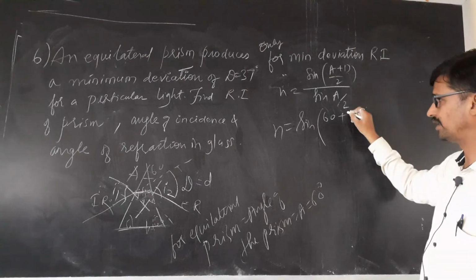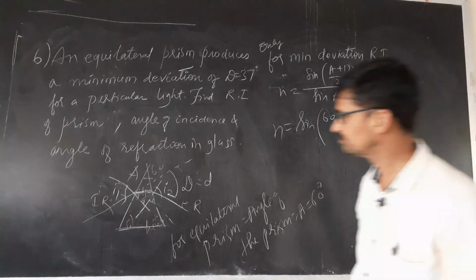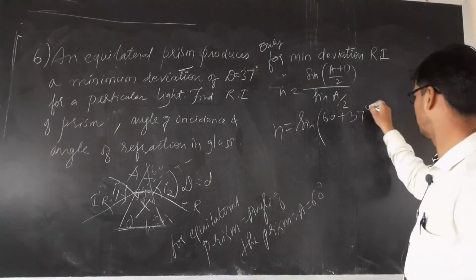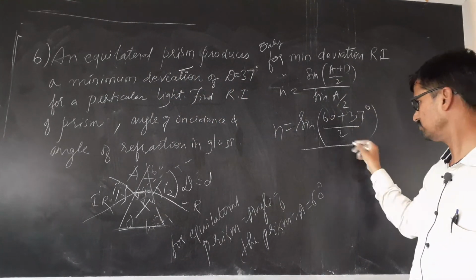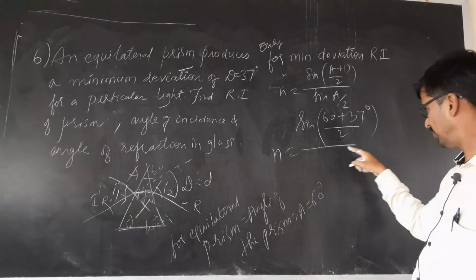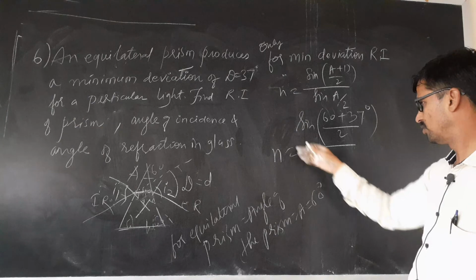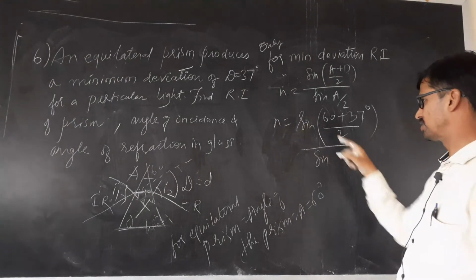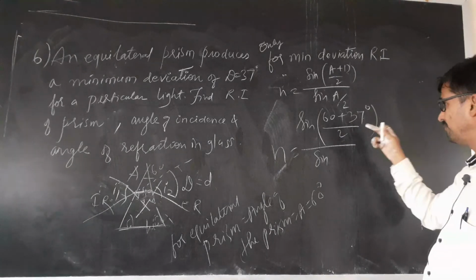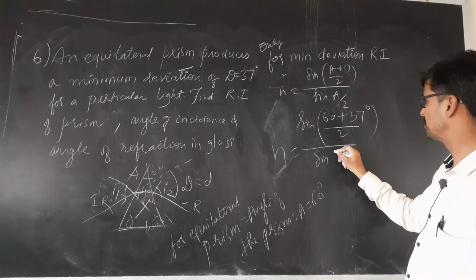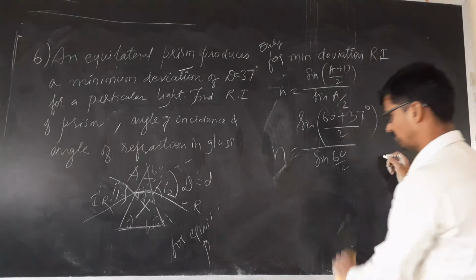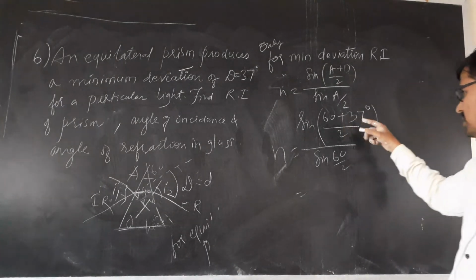And deviation is 37 degrees divided by 2. Equal sign should be put just here. n equal to sine of, what is the angle of the prism now? 60 upon 2. 60 plus 37 is 97.